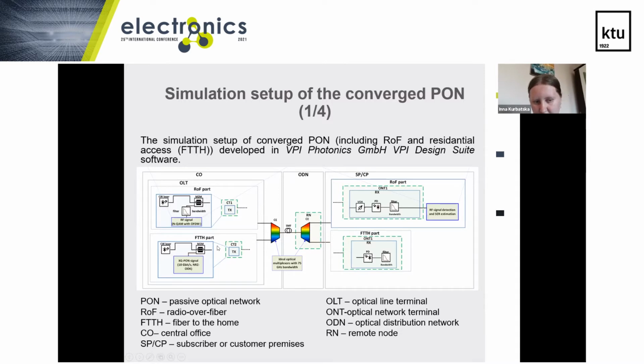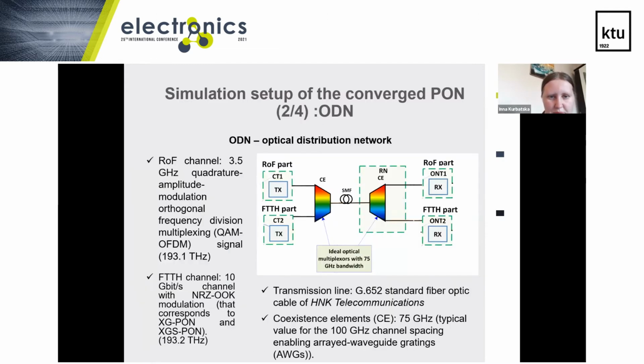This is the already existing part, fiber to the home, internet for users, and this is a new part, the radio over fiber part, where we combine these two channels and transmit over the optical distribution network. In customer premises, we have receivers where we receive the transmitted signals. Further, I will describe each part in a little more detail.